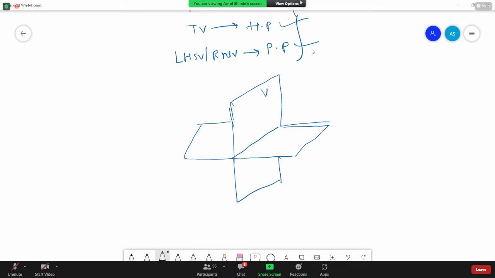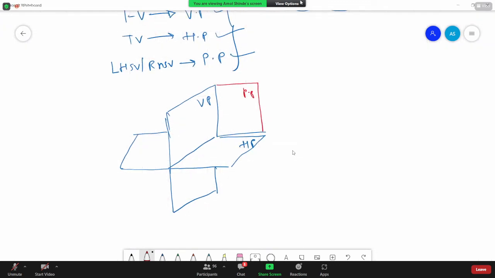This plane is called VP, this is called HP, and we require one more plane, which is called the profile plane. Now the location of the observer will remain the same. The observer will remain here only. Do not change the position.